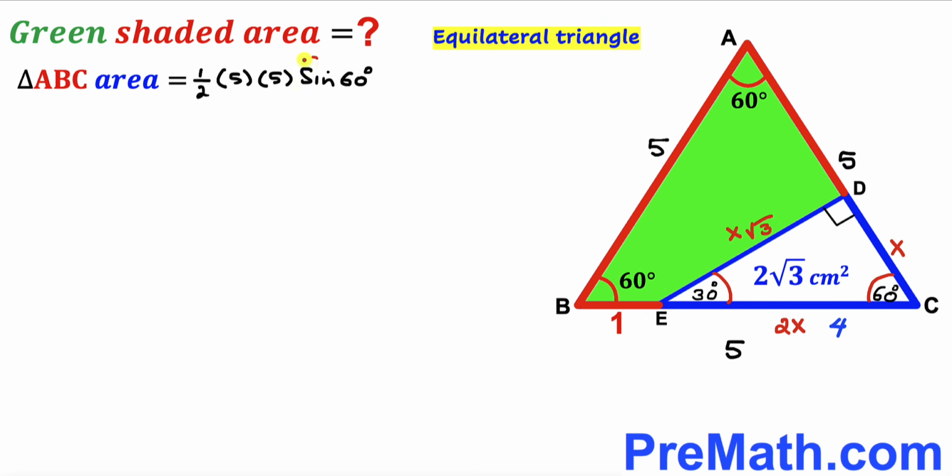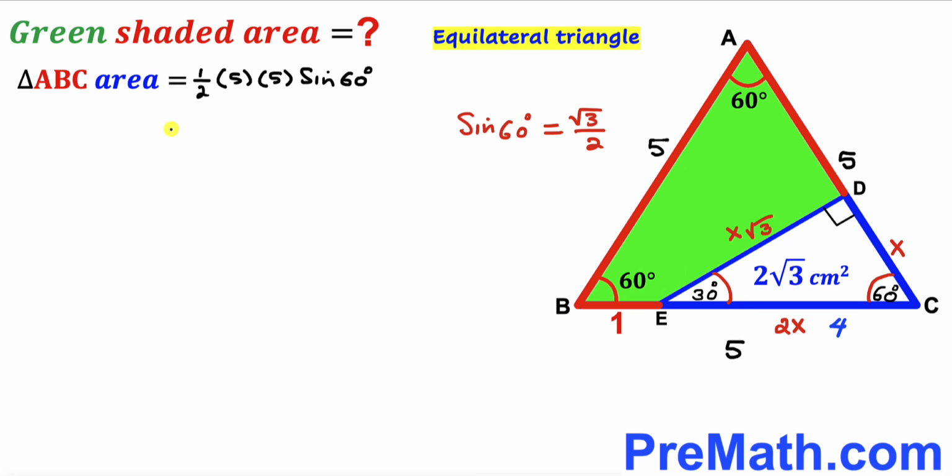And now let's focus on sine of 60 degrees. We know sine of 60 degrees is simply the square root of 3 divided by 2. So I'm going to replace this sine of 60 degrees with the square root of 3 divided by 2 over here. And likewise this thing, if we multiply and simplify, is going to give us 25 divided by 2.